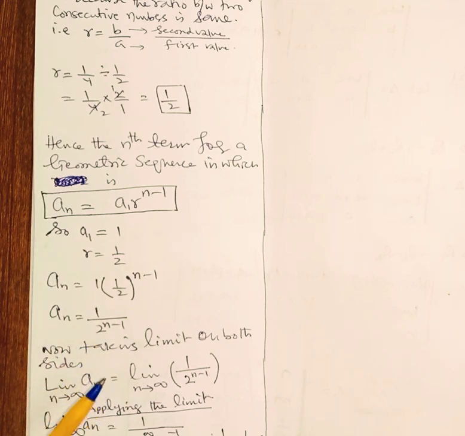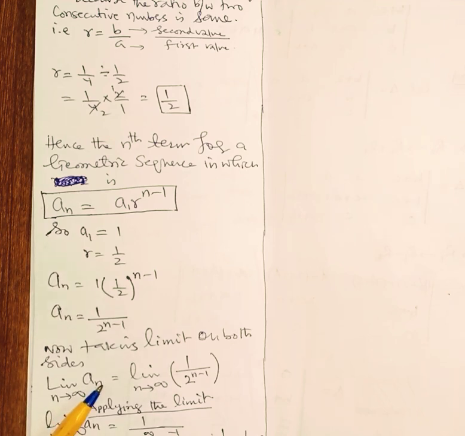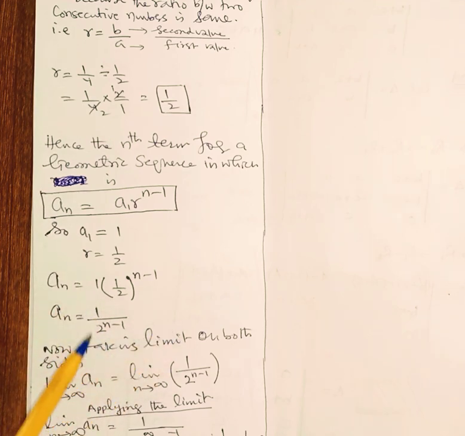Now, to find the limit of this sequence, we take the limit on both sides: limit as n tends to infinity of a_n. We replace n with infinity, because we are applying the limit.